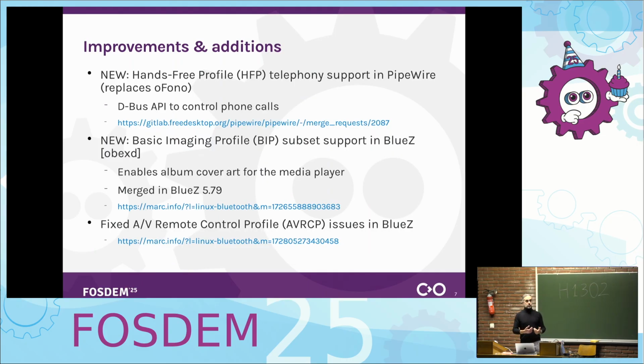As part of this process, we added some new things. First of all, we added telephony support in PipeWire in the hands-free profile implementation. The hands-free profile implementation was already there in PipeWire, being used for enabling headsets.